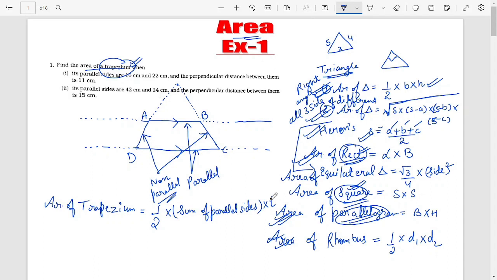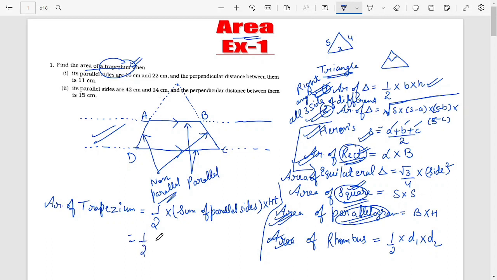This is the formula which we have to use in this exercise. According to this figure which I drew here, what are the parallel sides? AB and DC. These two are the parallel sides.